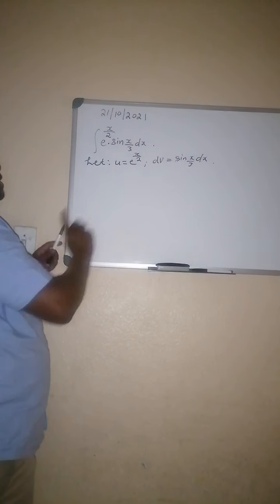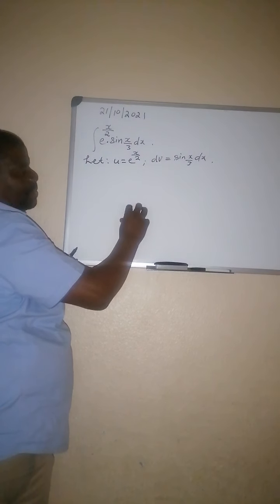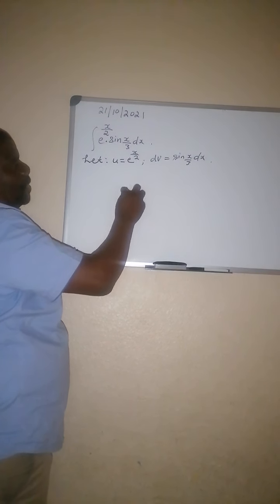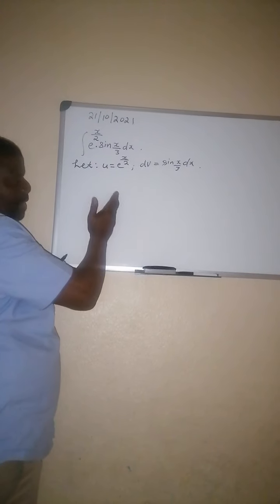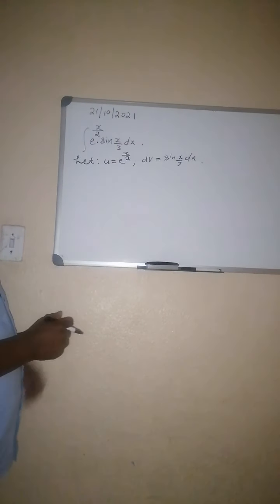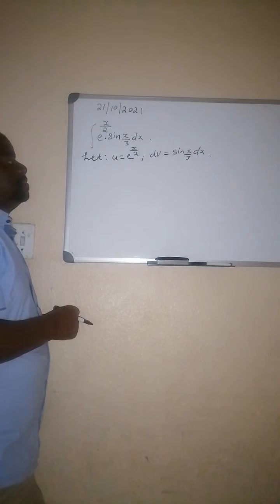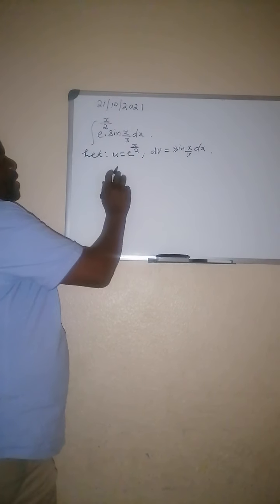Now when you look at this, there are two parts there. Remember, the technique of integration by parts looks at one part as differentiation, the other part as integration. So those two parts are combined together in this technique. It's a very, very important technique, and at times a very confusing technique.